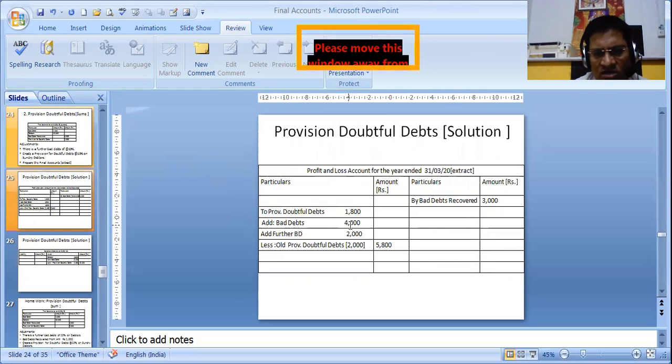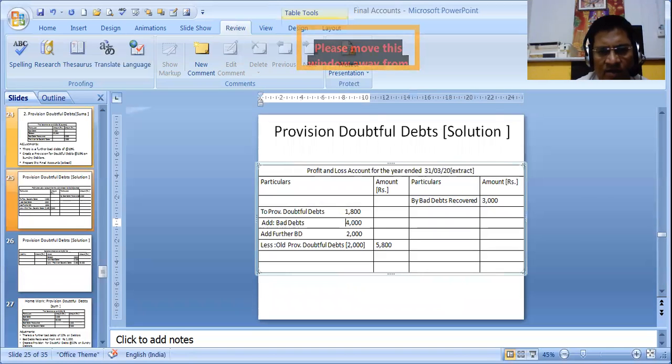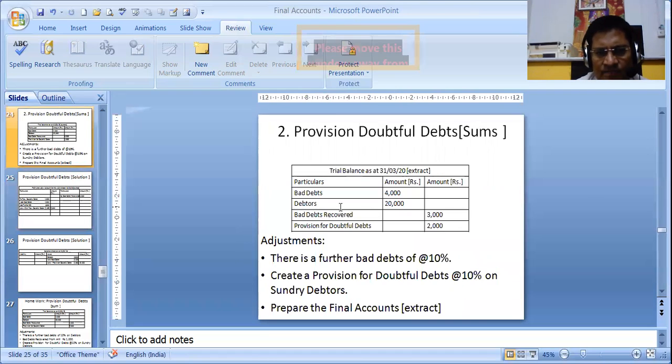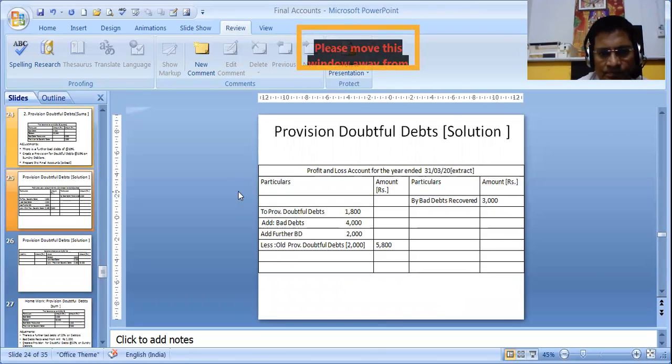So 4,000 in the trial balance, 2,000 as further bad debts. And then we have the old provision, which is also in the trial balance, 2,000. The old or opening provision has to be subtracted if you are writing on the debit side.